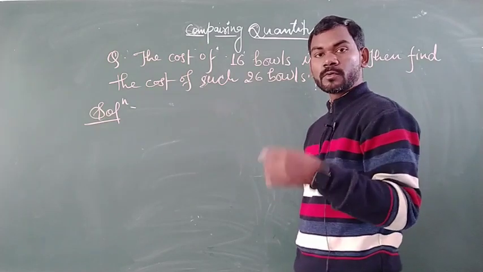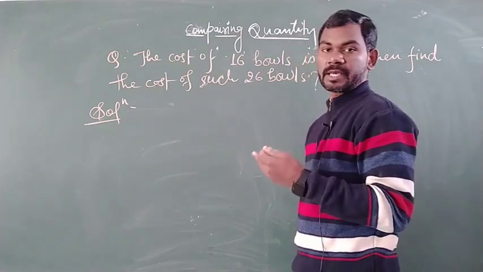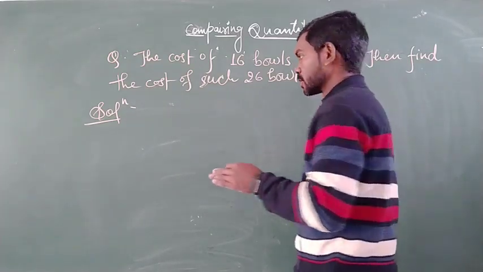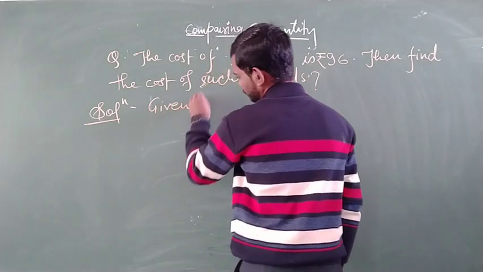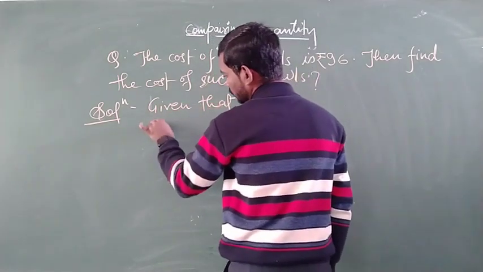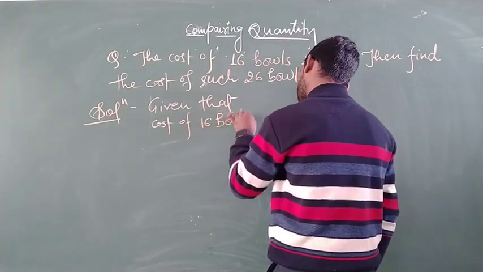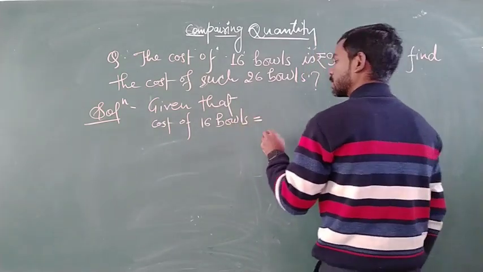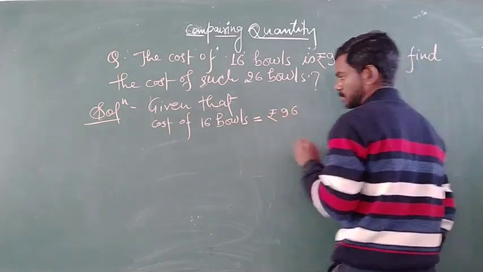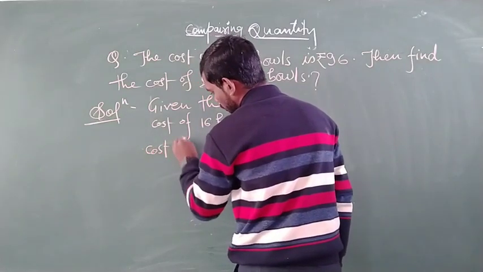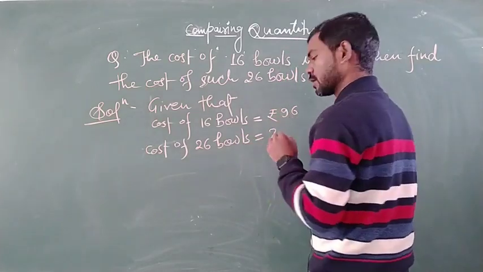When we get the cost of one ball, we are able to find the cost of 26 such balls. So given that the cost of 16 balls is equal to 96 rupees, and the cost of 26 balls we have to find out.